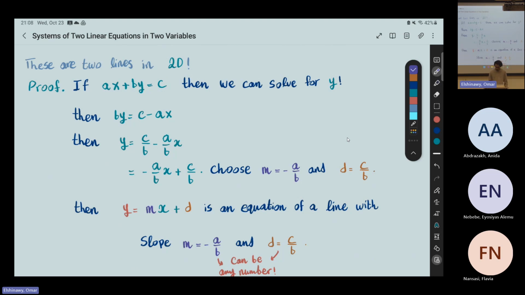Then I can simply solve for y, because if I solve for y, I should get something of the form mx plus c. I mean, we can hope for it at least. So I just take away ax from both sides. I add the additive inverse, and then I multiply by 1 over b. So I get that y is equal to c over b minus a over b times x.